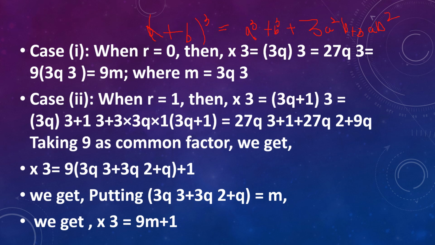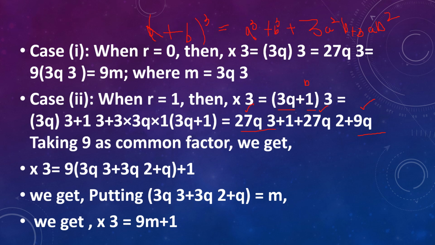Now using this identity, we are going to substitute these values. We assume 3q as a and 1 as b. After substituting in this formula, we will be getting 27q cube plus 1, plus 3 into a square, 3q the whole square, so 3 into 9q square, 27q square, plus 3ab, 3 into 3q is 9q into 1, which is 9q. Now here we see 27, again 27, and again 9.